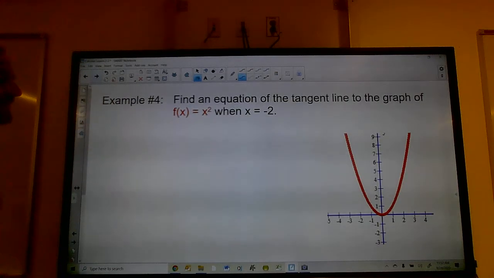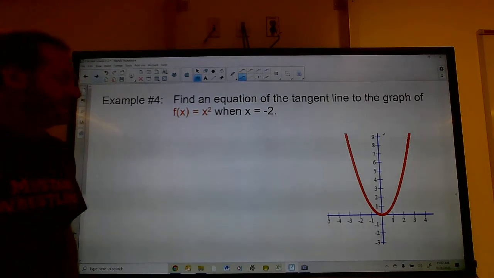Find an equation of the tangent line to the graph of f of x equals x squared when x is -2.